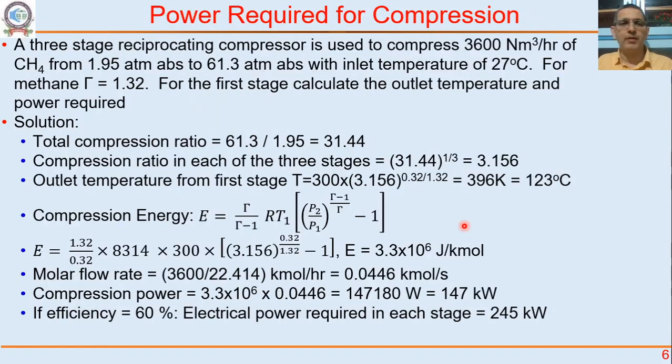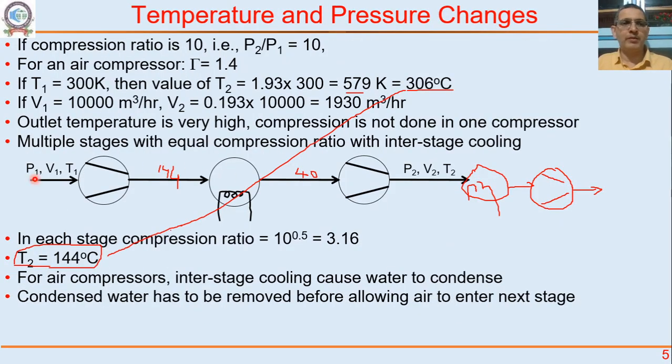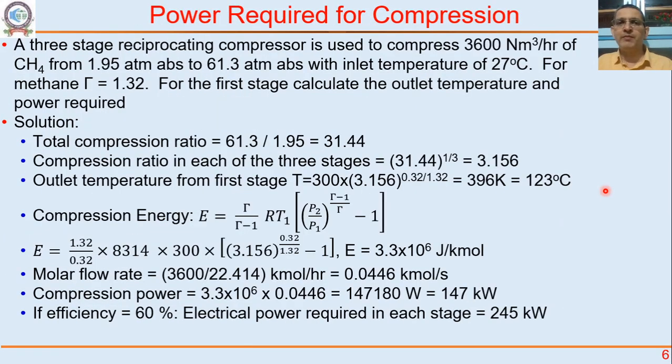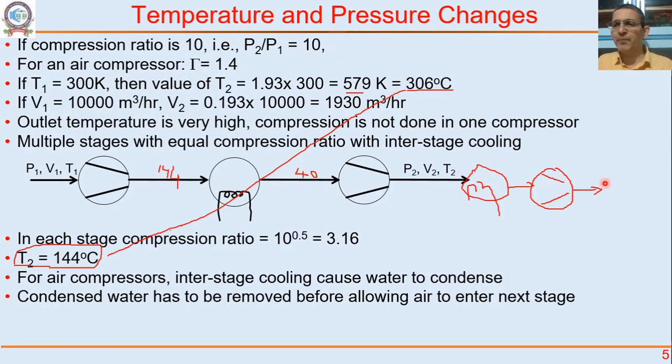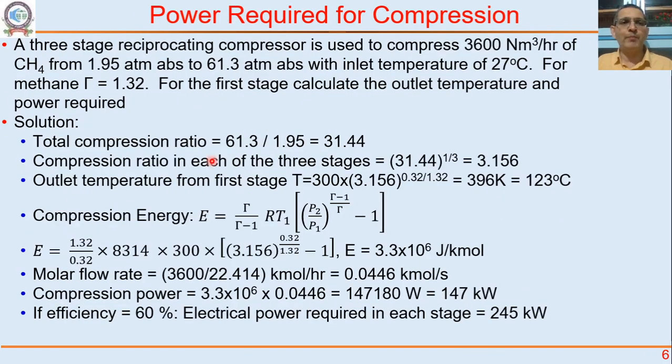Okay, three stage. So this is 1.95 atmosphere absolute. We want this to be 61.3 atmosphere absolute. So this pressure has to be 61.3 atmosphere. Three equal stages means the compression ratio would be 61.3 divided by 1.95, that is 31.44.